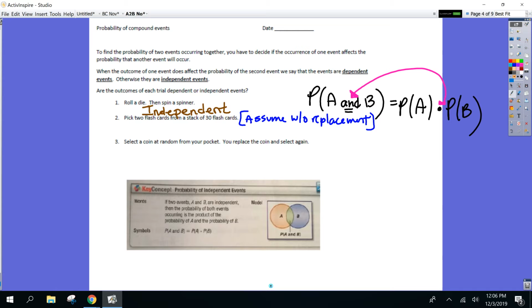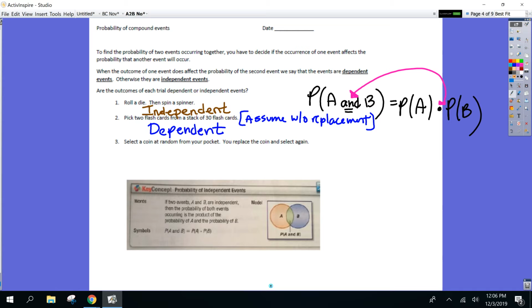Does that have an effect on your chances of the second flashcard? You pick a card out, put it off to the side, pick another card out. Is that going to affect what you get there? Yeah, why? There's one less in the deck now. So these are dependent. One affects the other.